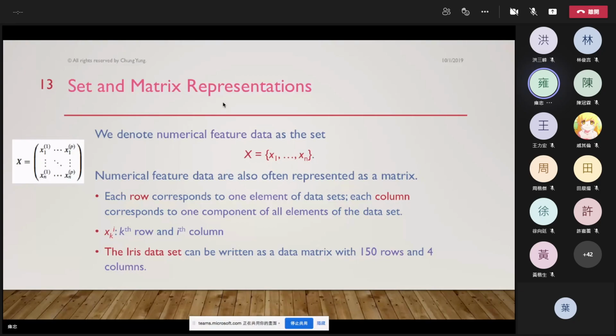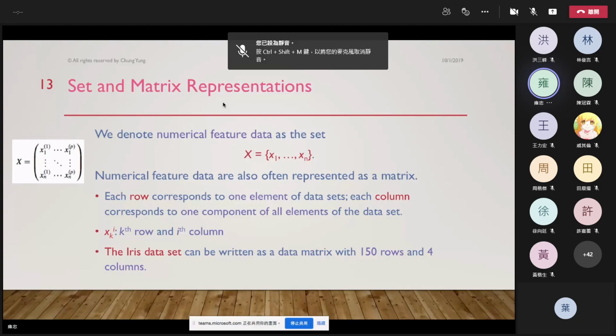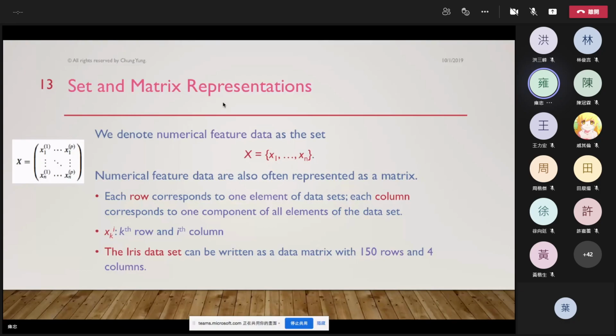Set and metric representation of numerical data. If we collect the numerical feature data of a certain item, we can show the data we collected as a one-dimensional array like this.